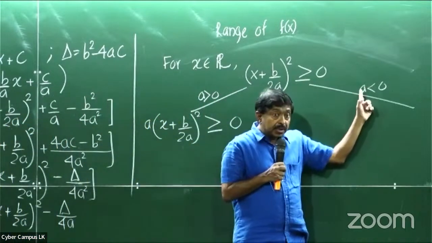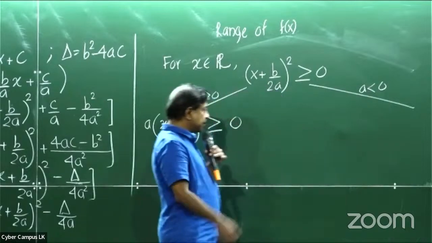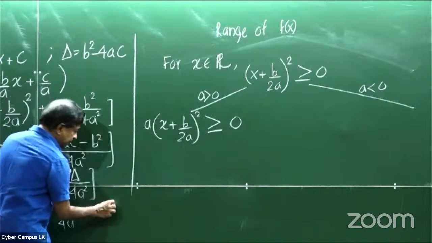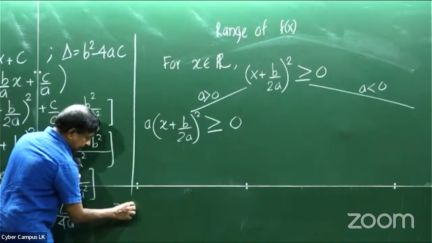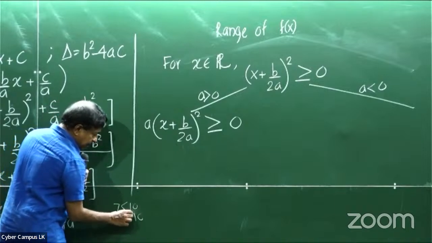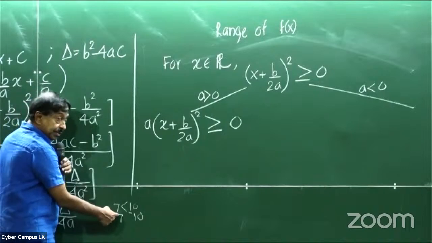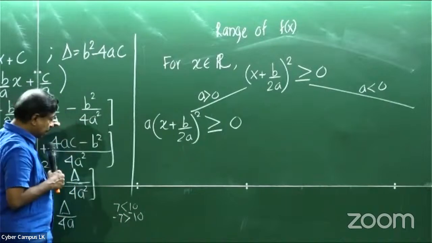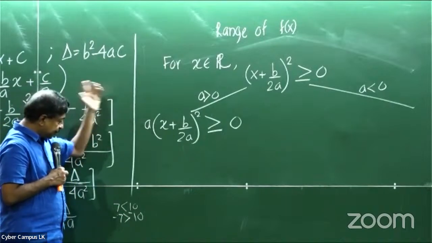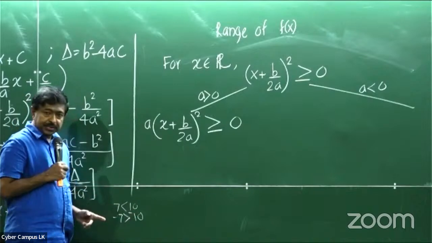But here, when a is less than 0, when you multiply something by a negative number, take this one for example, 7 is less than 10. But when you multiply this by a negative number, you get minus 7 and minus 10 on the two sides. Now minus 7 is greater, because on the number line, minus 7 sits to the right-hand side of minus 10.